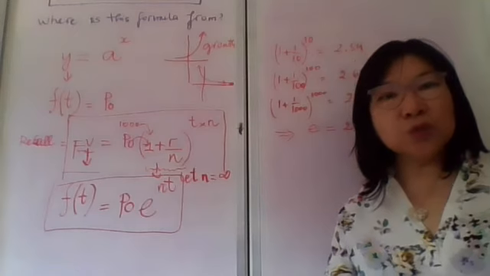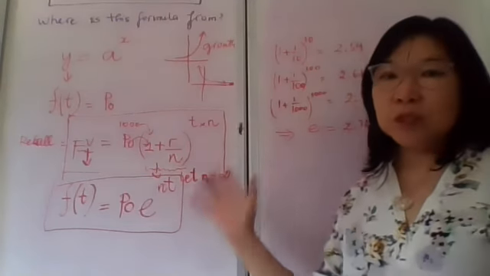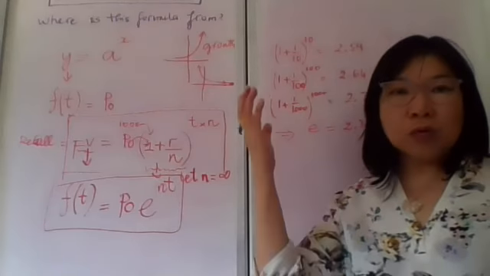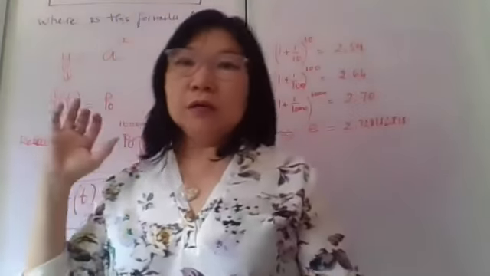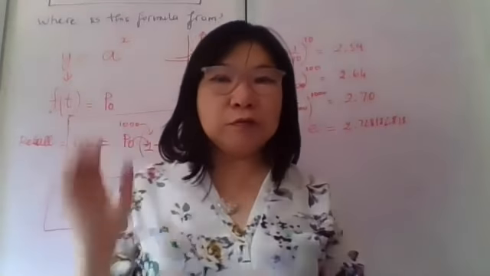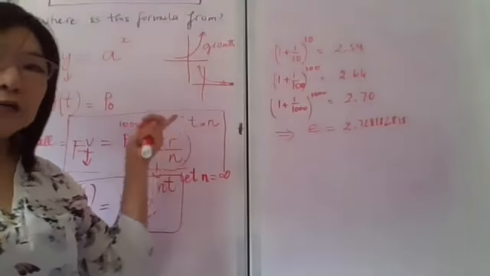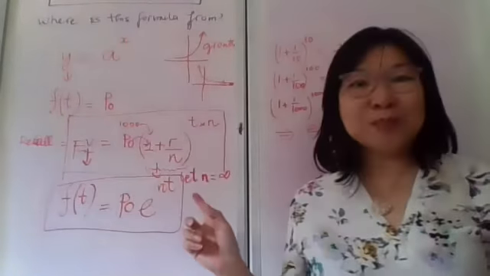We will get into the next video, which is the application of this formula to find any rate of change, any money growing or any bacteria growing in the lab, or any car depreciation value going down over the years. Everything is revolving around this kind of concept and this kind of equation.